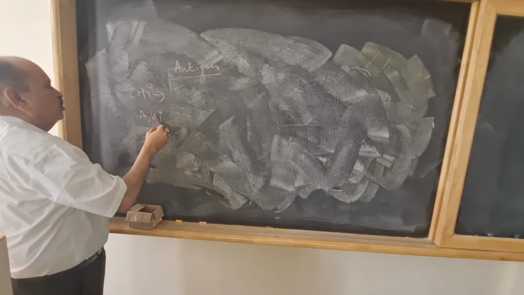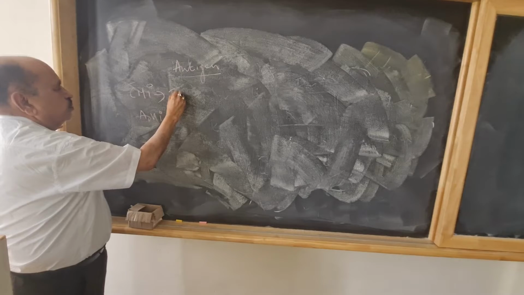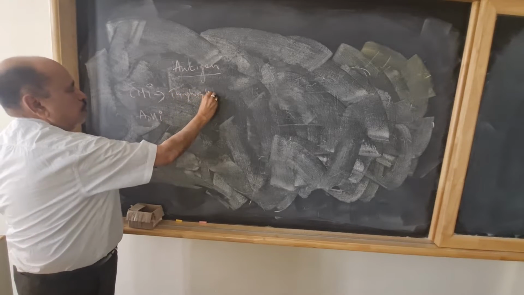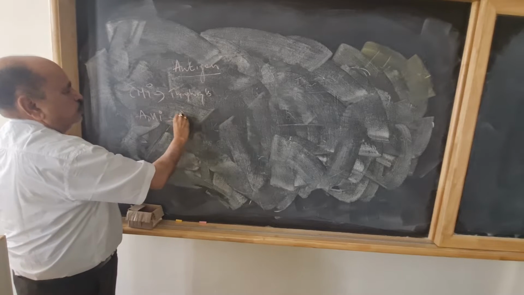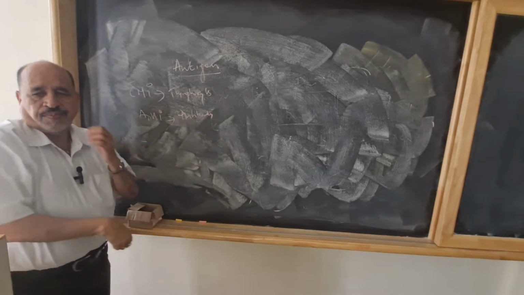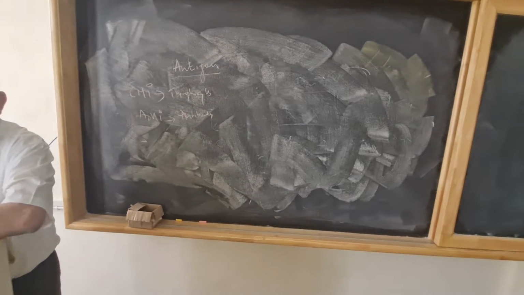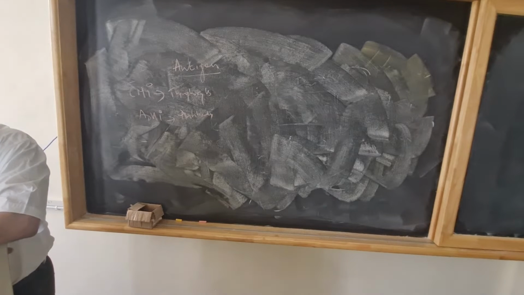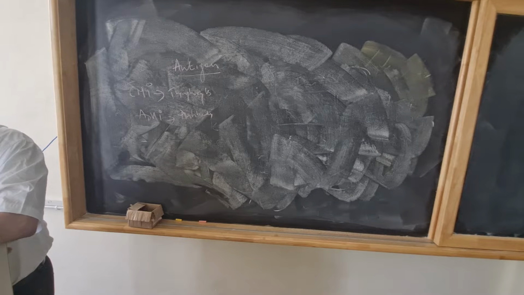CMI is by T lymphocytes, AMI is antibody mediated. It should be foreign to the body, and it should be able to provoke an immune response.